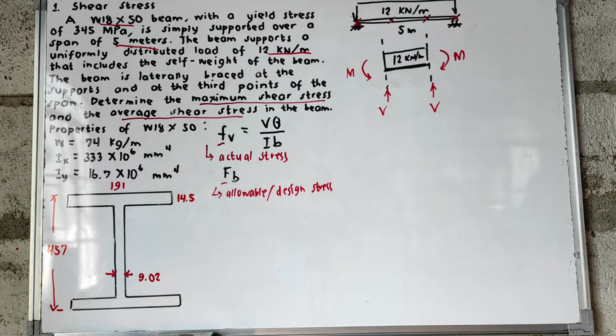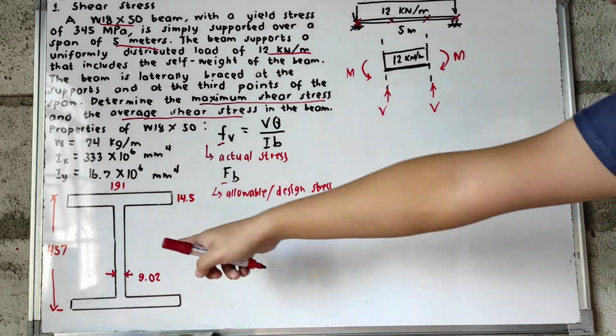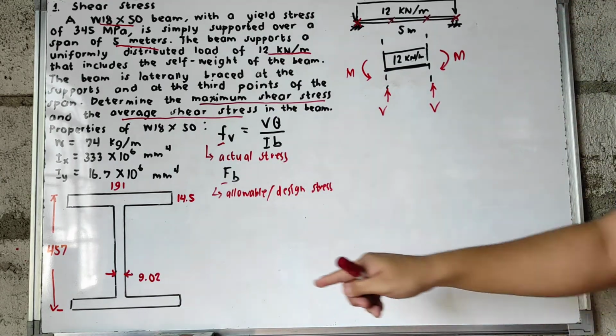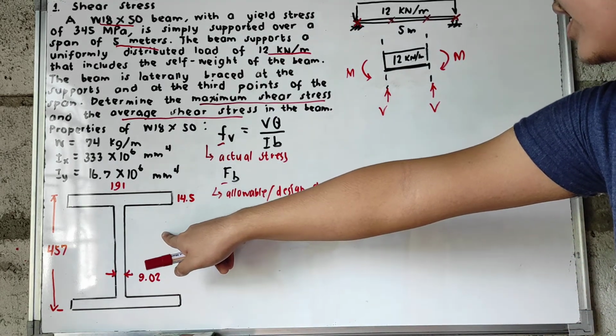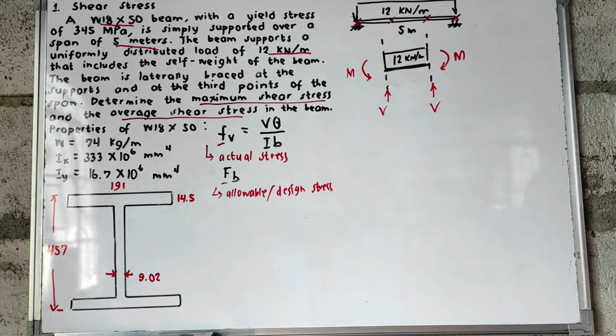So, for this one, when we are talking about shear stress, we are pertaining to parallel area. So, yung i-consider natin dito, siyempre, yung cross-section natin. Kasi yung cross-section ng beam natin, it experience bending and at the same time, yung shear stress natin.